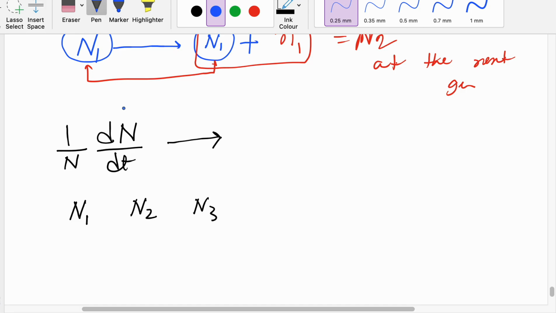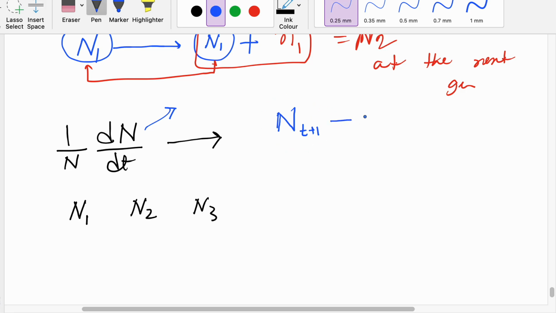Now we see what this dN/dt tells us: it is telling the change in the number of individuals with time. So in the discrete model, what is the change of individuals with time? Suppose there are N(t+1) individuals in the (t+1)th generation.